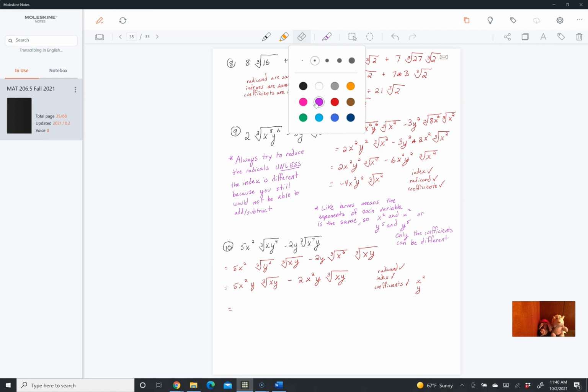Okay, in this case, we have a 5 and a 2. So 5 minus 2 is 3. So this just becomes 3 x squared y times the cube root of x times y. Okay. So, and I'll put in here, the radicand we said is the same. The radicand is xy. The index is the same. The index is 3. Okay.